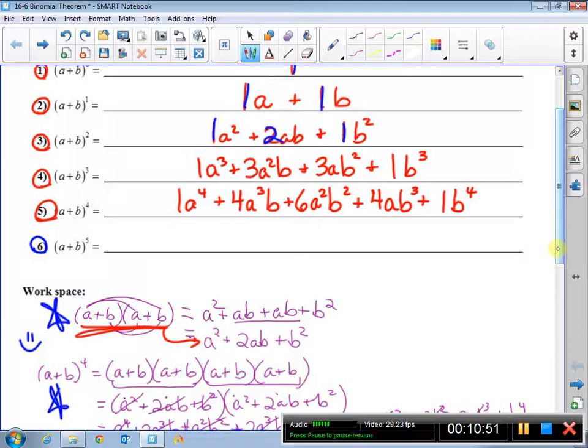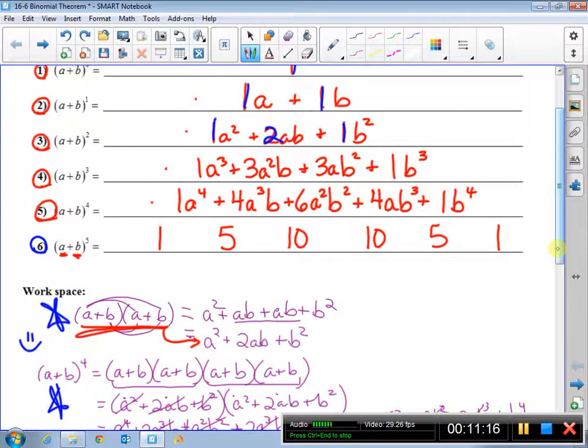So we know we're going to have 1 and 5 and 10 and 10 and 5 and 1 as our coefficients, because that's what we've learned from Pascal's triangle. But what about the a's and the b's now? So now look at the a's and the b's in these lines and tell me what you see.